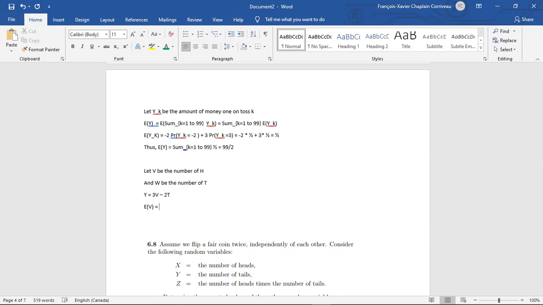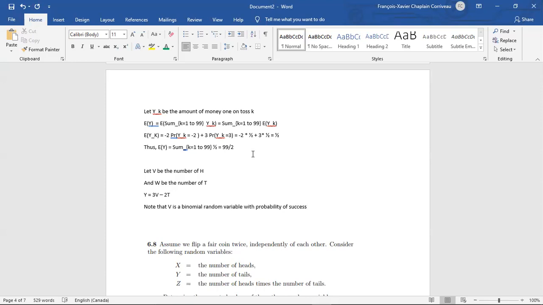Correct? The expected value of V, the expected number of heads in 99 independent trials, is a binomial distribution. So here you could say, note that V is a binomial random variable with probability of success.